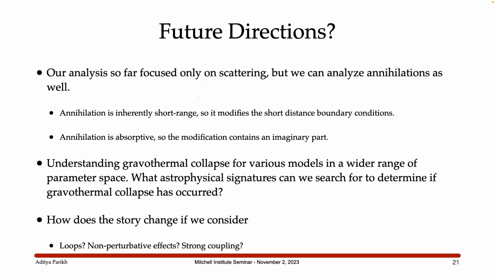So an interesting question that we're thinking about now is, does this leave astrophysical signatures that we can search for? And if so, can we use the current observations of subhalos that we have to place some interesting constraints on the parameter space of some of these SIDM theories? So that's currently where I'm at in the landscape of things that I'm thinking about.